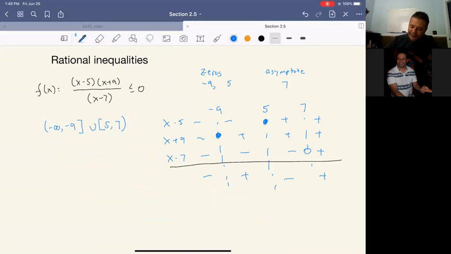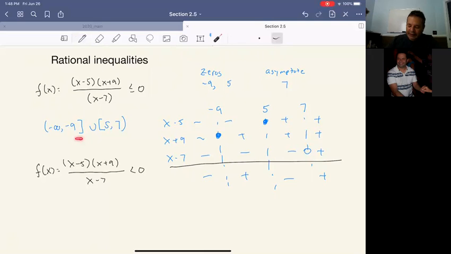Now, if I had given you x minus 5, x plus 9 over x minus 7 less than 0 strictly, then you're going to have to throw out that -9 and 5 as well.